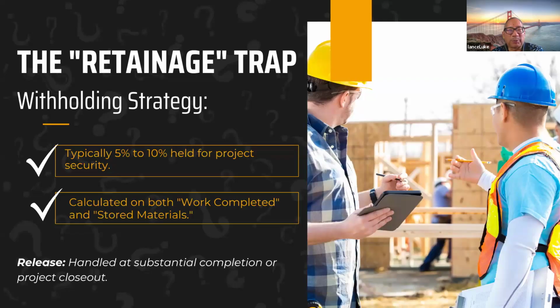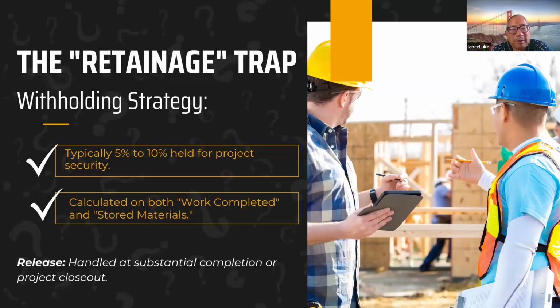So let's talk about the retention, which is normally known as retainage or retention, the withholding strategy. The reason for that is so that the contractor doesn't get paid 100% when there are different punch list items to be completed.